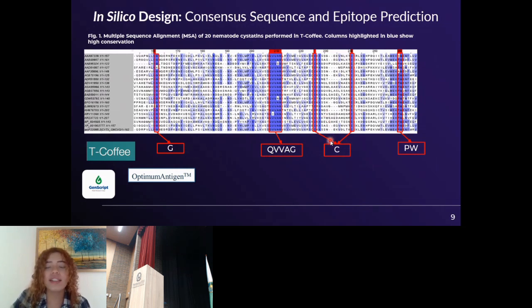We have a disulfide bridge between the cysteines 226 and 241, and we have a proline tryptophan site at positions 160 and 161. This is important because these regions are known to be highly conserved in nematode type 1 cystatins and to serve important functions for their interaction with cysteine protease.